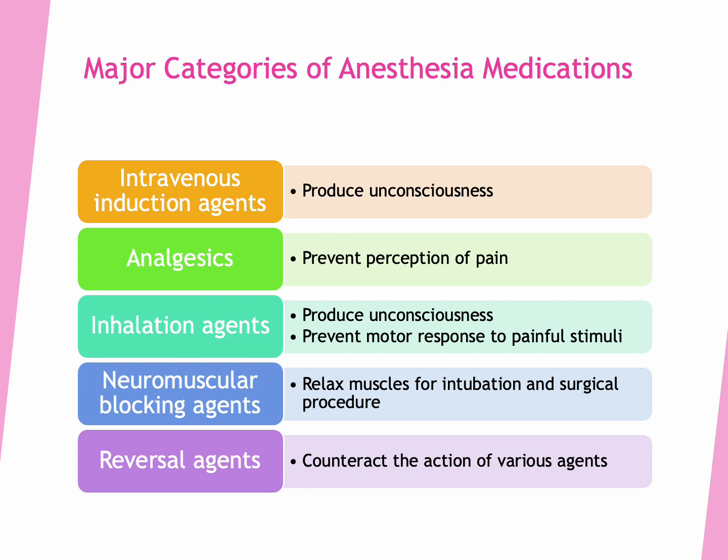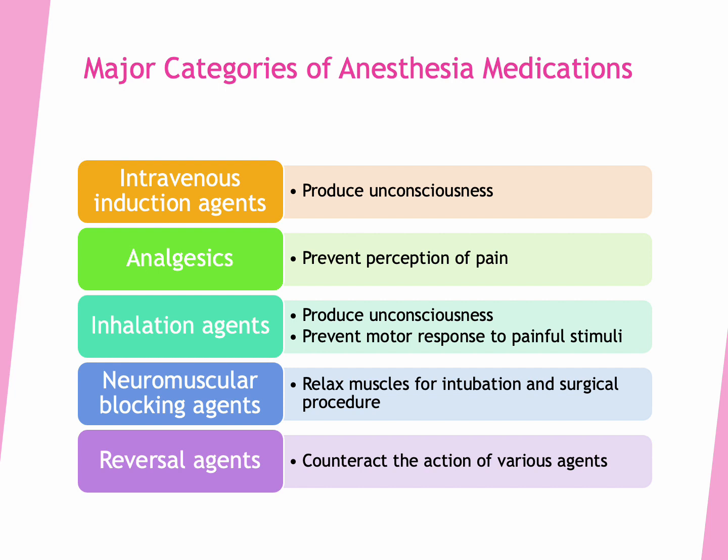So, for example, intravenous induction agents are going to produce unconsciousness, while analgesics are going to prevent the perception of pain. And like IV induction agents, inhalation agents are used to produce unconsciousness. In addition, they also prevent motor response to painful stimuli.